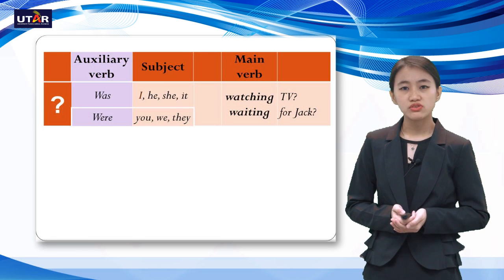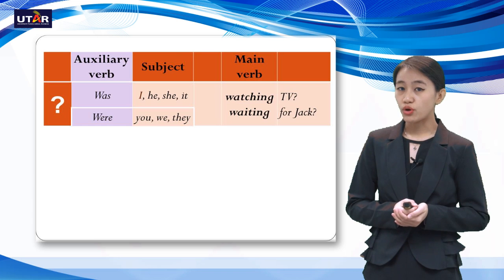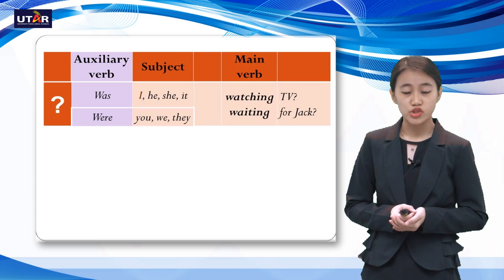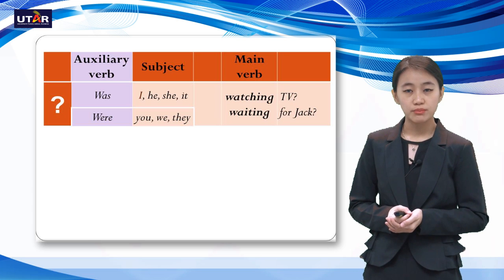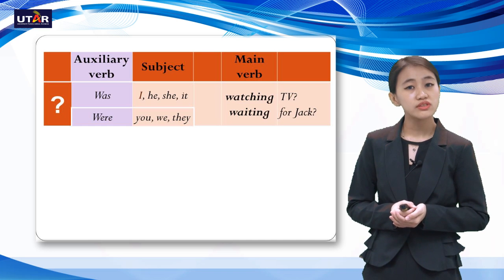Now, when you want to construct a question, note that it is slightly different. Initially, for affirmative and for negative, you start with the subject, followed by auxiliary verb, and then the main verb. But when it comes to question, you start with the auxiliary verb.